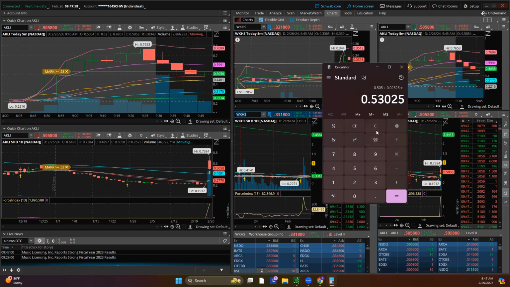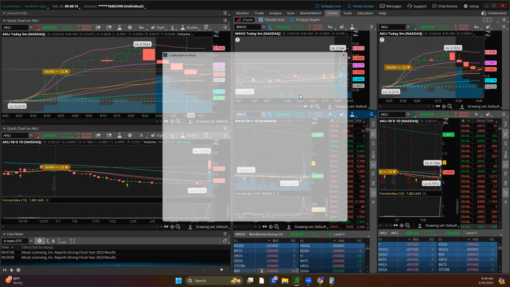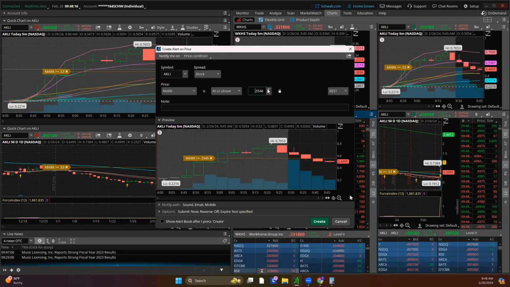And so 53 is like the first initial target. And so if I clear this out, if I take my entry that I got and I add 10% at this price right here will be 10% gain. And so I'll just create an alert. You don't need to create alerts.